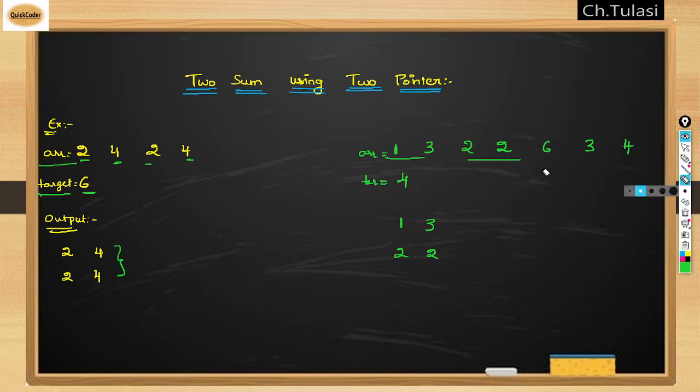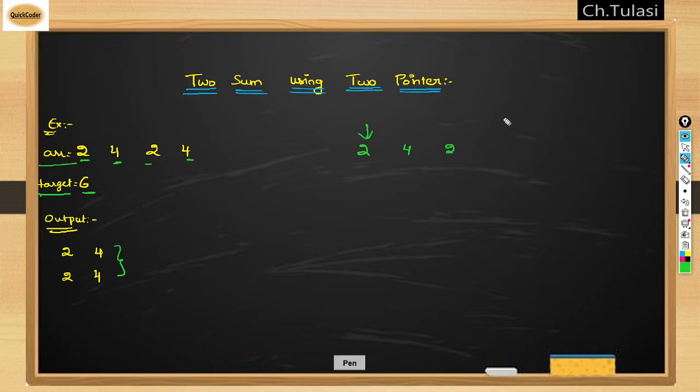So how can we find the two sum? We can use the brute force solution, but I think you all know how to do the brute force solution for this problem. If we have 2, 4, 2, 4, the first for loop will be here, and the second for loop will traverse the whole array, and we check: 2 plus 4 is equal to 6?